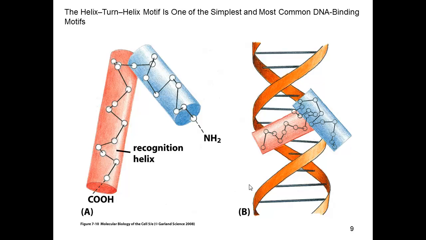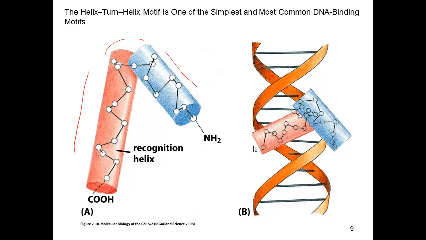One of the very common ones is called a helix turn helix motif, and the larger of these two helices lies right in the major groove, allowing many amino acids to potentially interact with the exposed edges of the DNA bases.